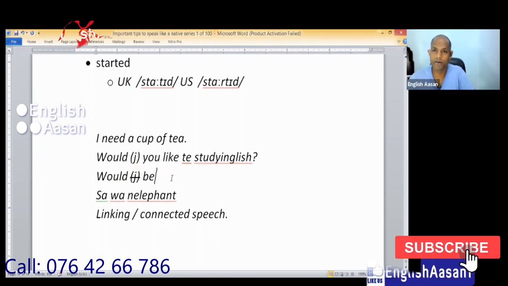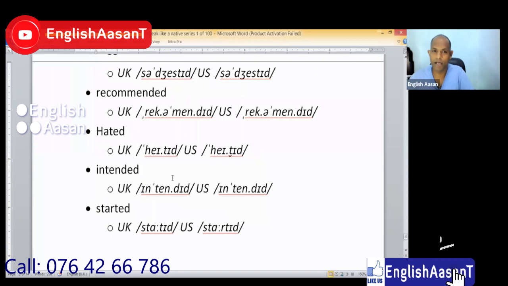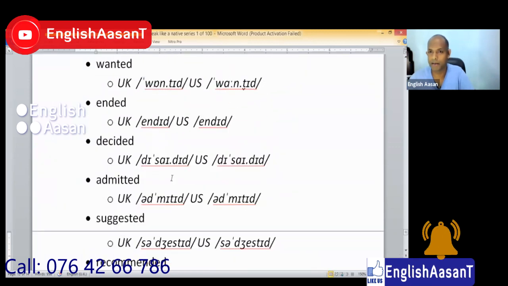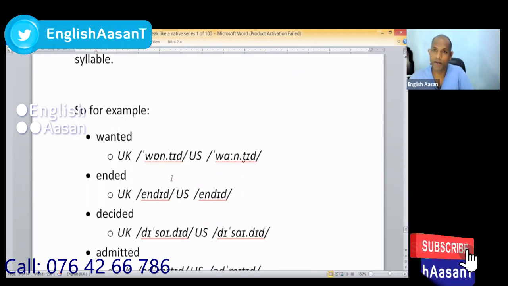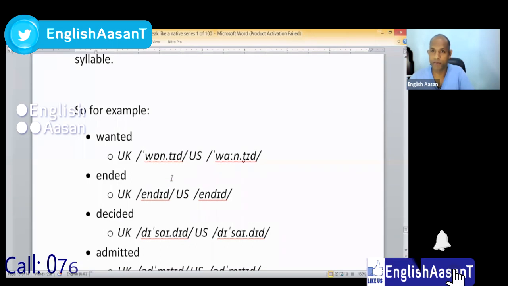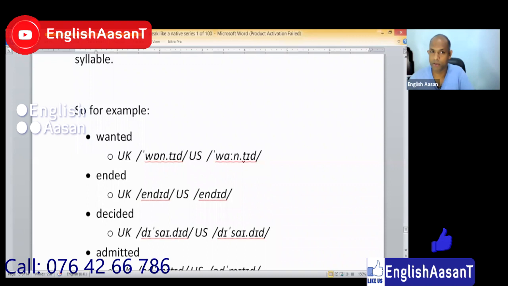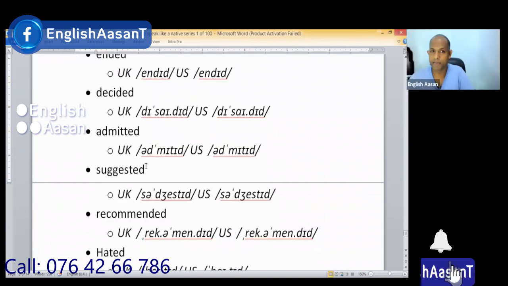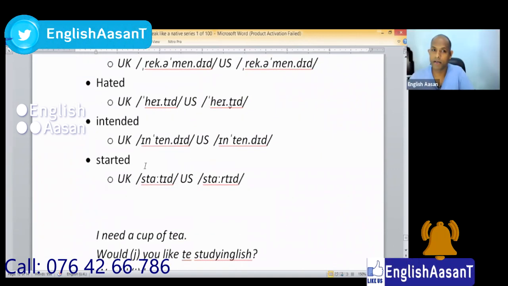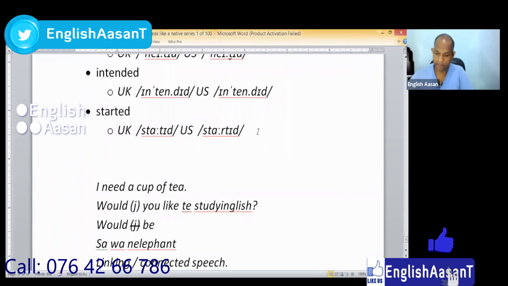Great. So far we have looked at the pronunciation of ed in regular verbs. Also, when you use verbs as adjectives, you get the ed pronunciation. So wanted person, ended story, decided matter, and so on.